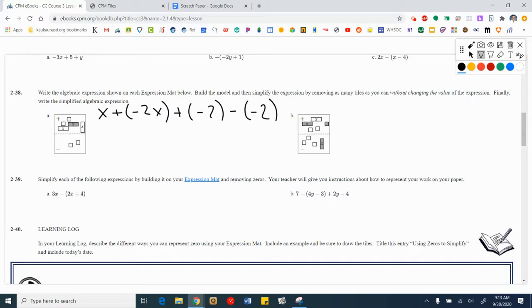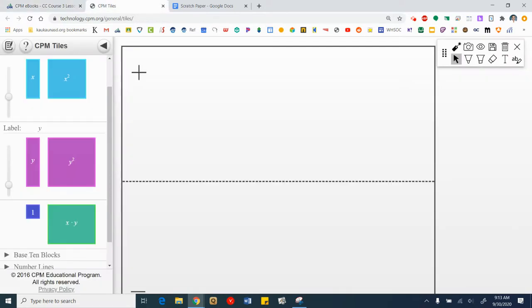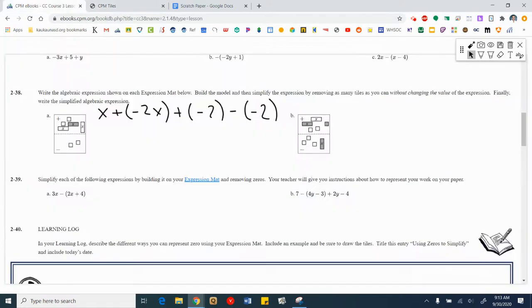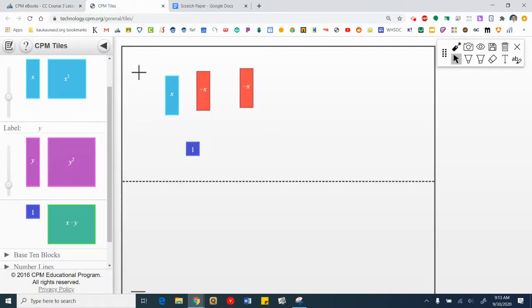So let's go ahead and build that. All right, x plus a negative 2x, plus a negative 2, minus a negative 2. So when I go ahead and build it, it's going to look like this.